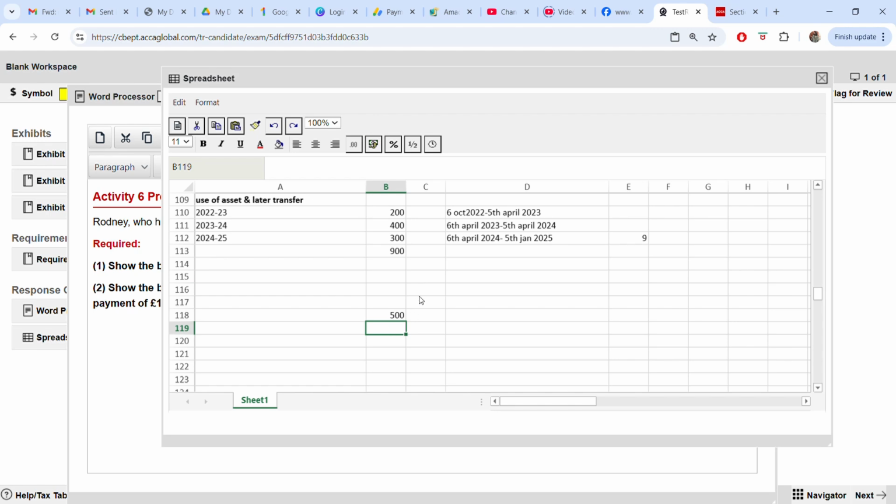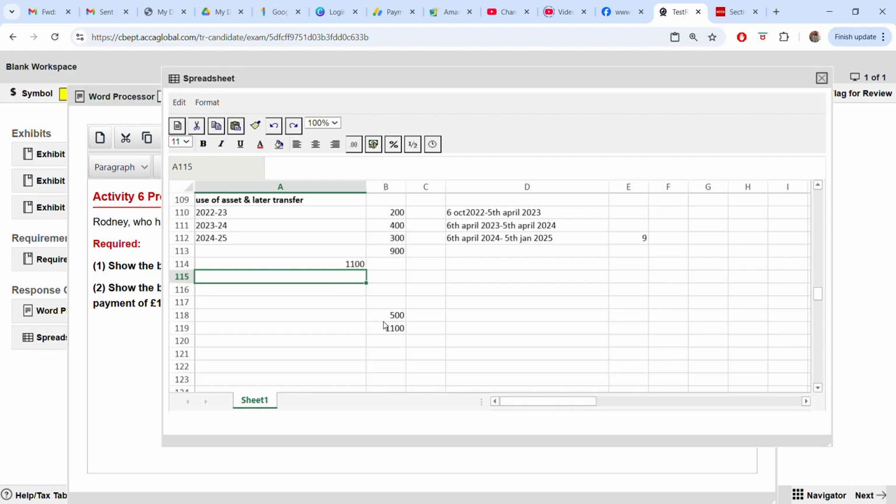So originally assessed to date is 900 and the original market value is 2000. So here it is 2000 minus 900. Which one is higher, this or this? It is this which is higher, 1100. So this is the benefit that you have to deduct.